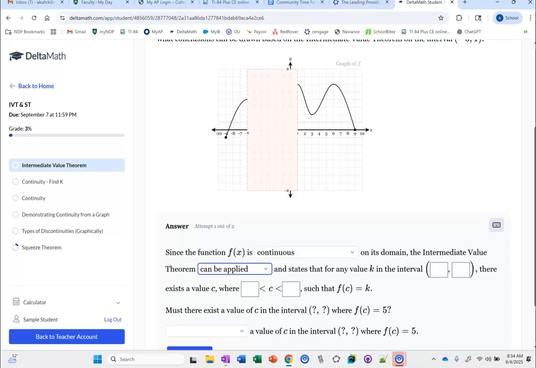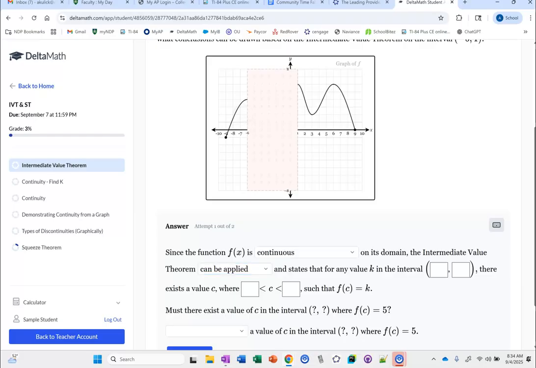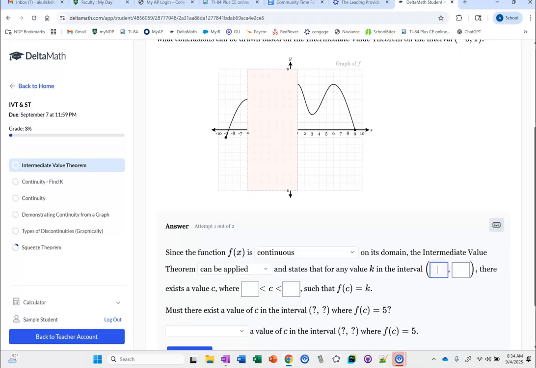And since it can be applied, now we have some filling in of a template to do. It states for any k, that's our y coordinate, in the interval from, well, the y's go from 4 to 6. So I'll say from 4 to 6.